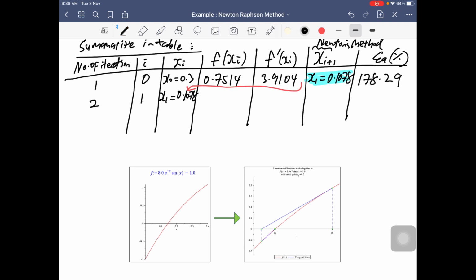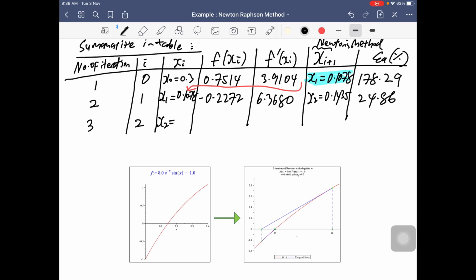And then here kita juga dah kira negative 0.2272, 6.3680, and then x2 by using Newton's method 0.1435, and then here 24.86.